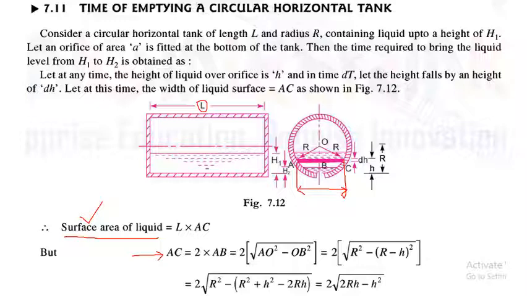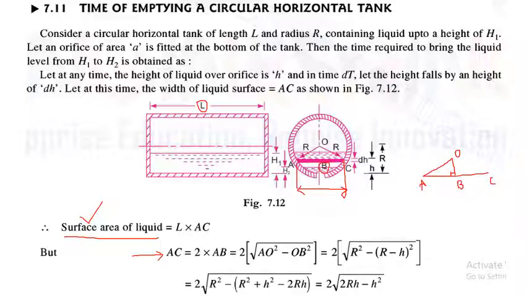If we consider the figure, AB is half of AC, B is here. So that is twice the square root of AO square minus OB square. If you consider the triangle AOB, and this is C, AOB is a right angle triangle.